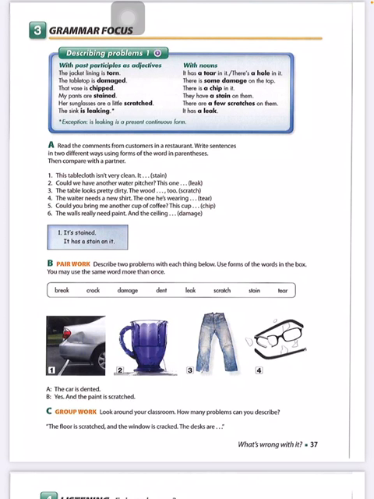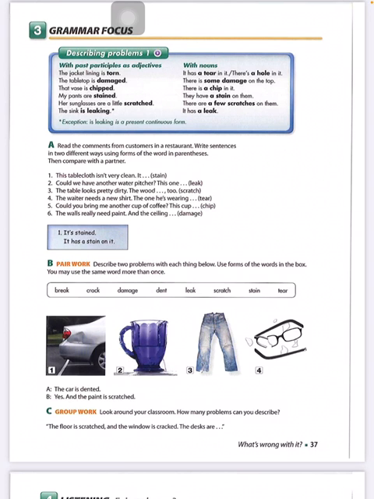Actually, we have more than this, but because of the lesson, we focus on only two. The first one is participle as an adjective, and the other one is with nouns. As you can see, participles here are past participles, but the part of speech is adjective, or they function as an adjective.